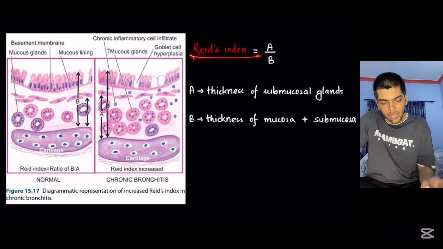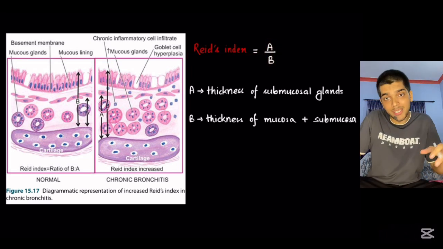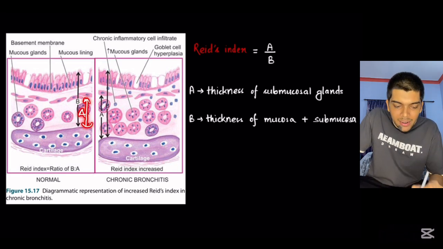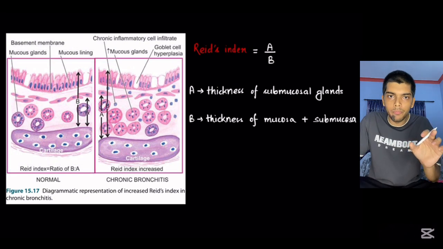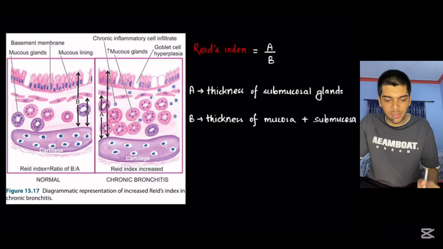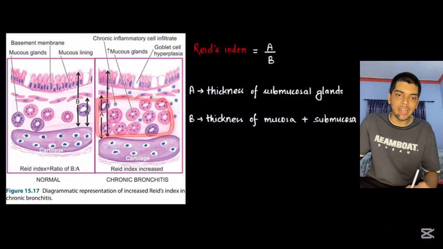Reed's index is nothing but A upon B. Now what you need to know is what is A and what is B. So A, as you can see right here, is the thickness of the submucosal glands. So this whole thing is submucosa, right? But then this much is the thickness of the submucosal gland.